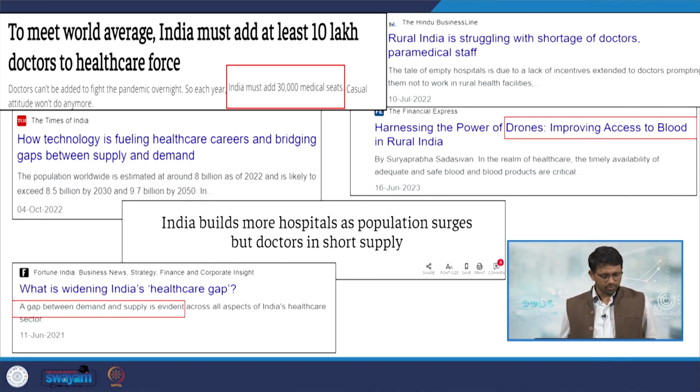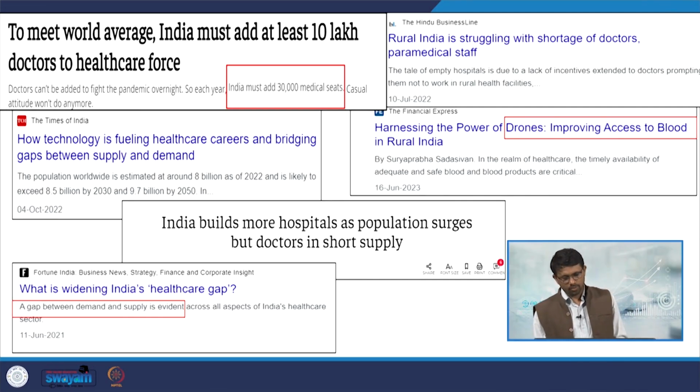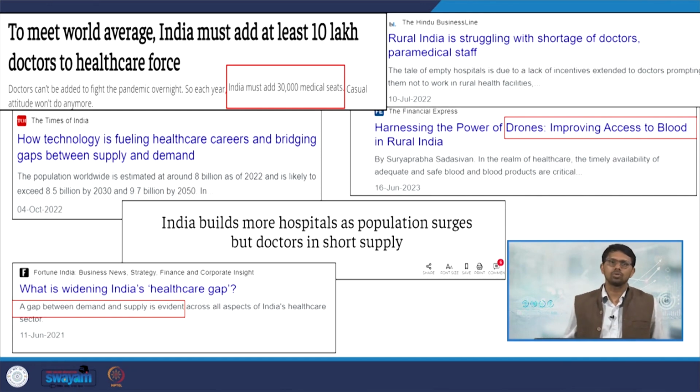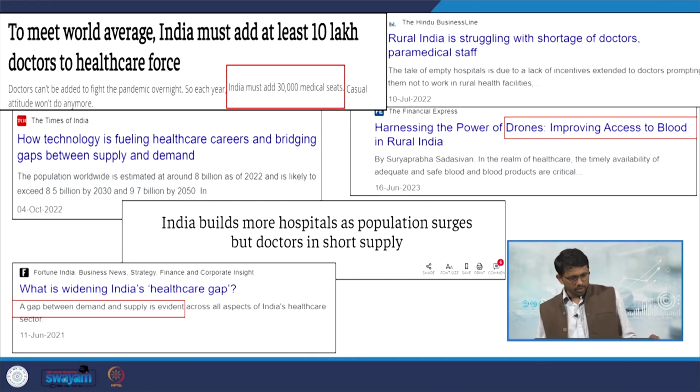Another one is from 2022 on how technology is influencing health care careers and bridging gaps between supply and demand. And another one is on harnessing the power of drones as providing the services, especially improving access to blood in rural India. It's a recent article from 2023. India builds more hospitals as population surges, but doctors still having short supply.